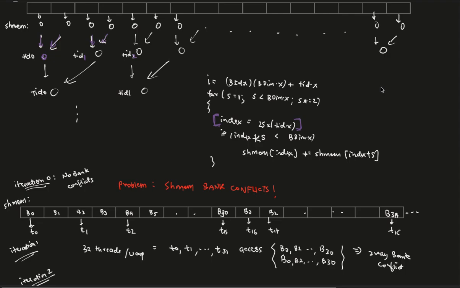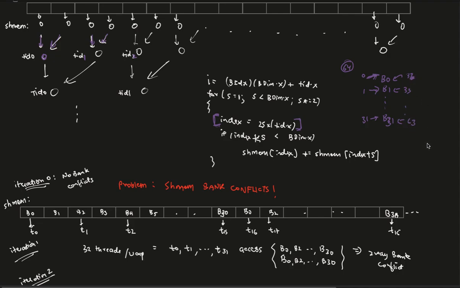Shared memory has 32 banks, and consecutive memory locations are stored in consecutive banks. So let's say in shared memory we have an array of size 64. Element 0 will be stored here, element 1 will be stored here, element 31 will be stored here, and then again element 32 will be stored here, 33 will be stored here, and so on till element 63.